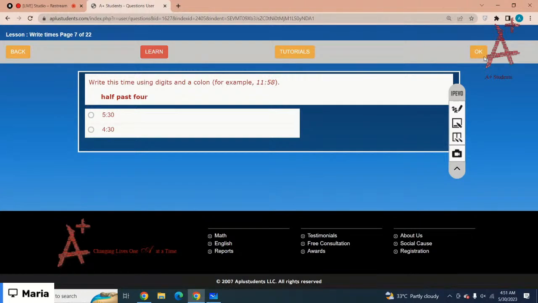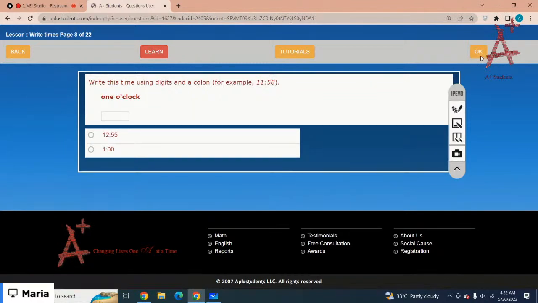Which is the correct option? Yes, that is 4:30.